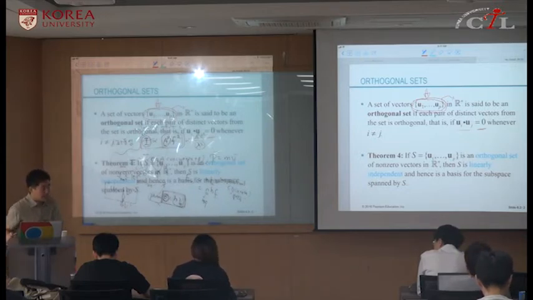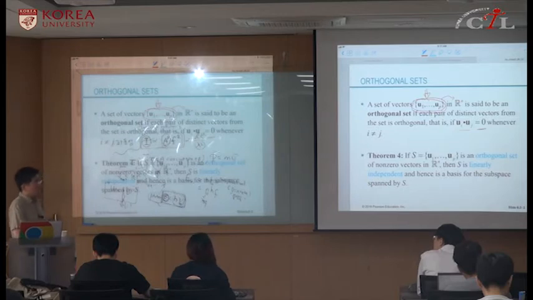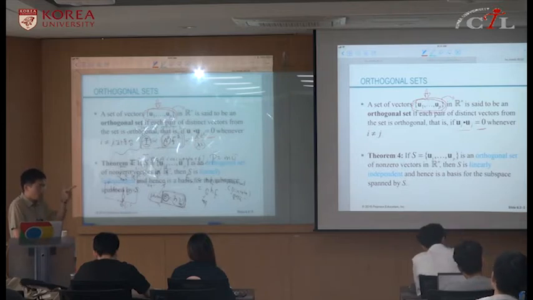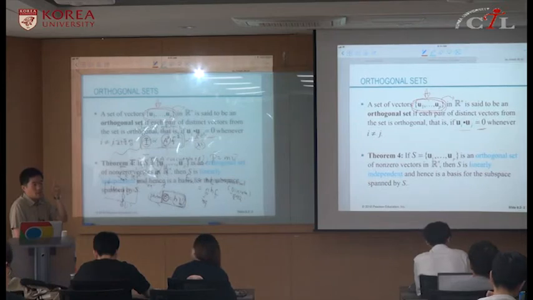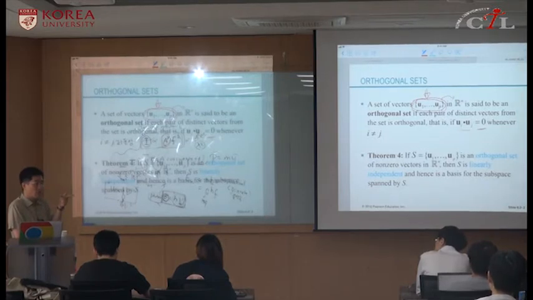Intuitively, this orthogonal set is quite related to the linearly independent set. Given these three vectors, we also studied whether the vector set composed of these three vectors is linearly independent or not, right?